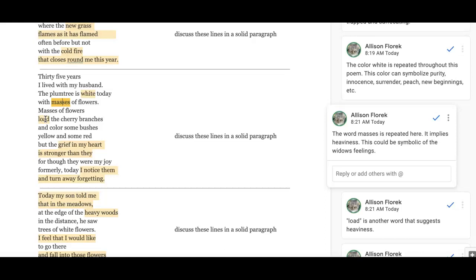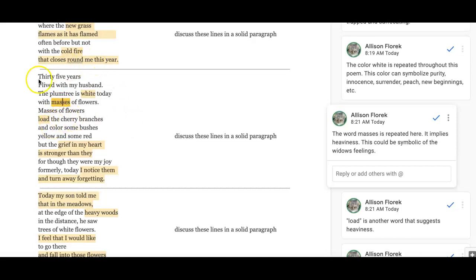So as you're reading through the poem, pay close attention to the words, what they mean, and the tone that they're giving off here. Think through also why the poet would have used masses and load to describe these beautiful flowers.